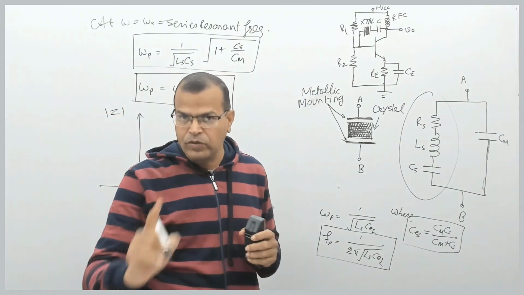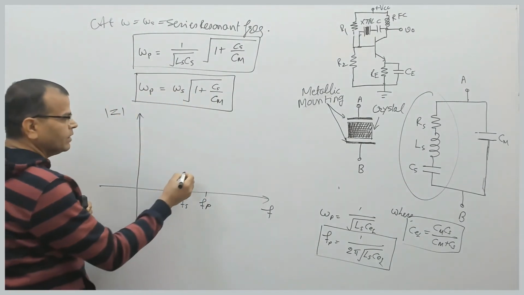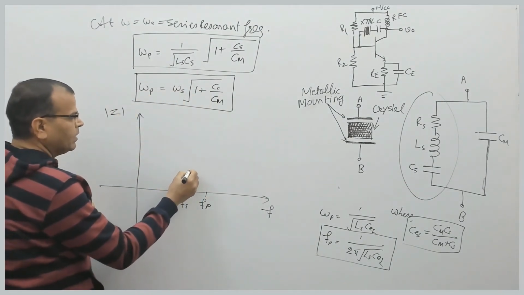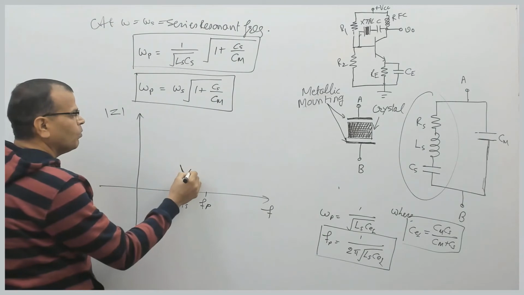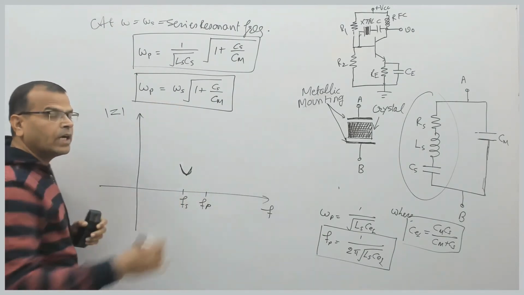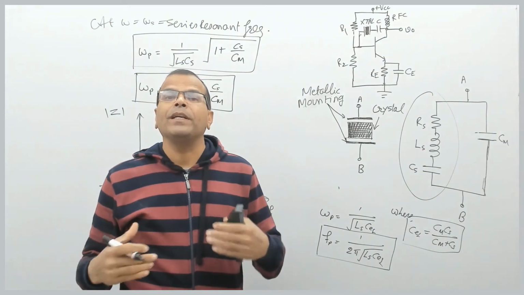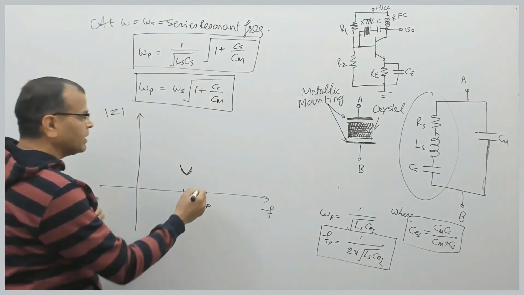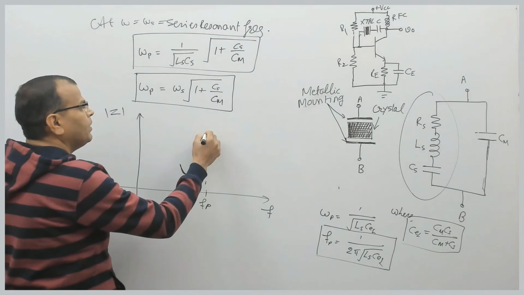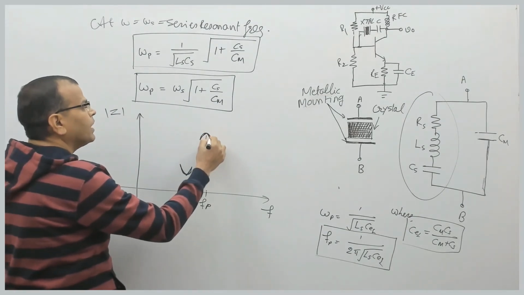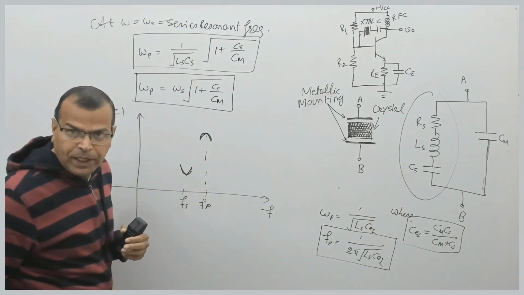At series resonance, impedance of the circuit is minimum, and minimum means it must be increasing on both sides, that is minimum only. And at parallel resonance, impedance of the circuit is maximum, and maximum means it must be decreasing on both sides, only then that becomes a peak.